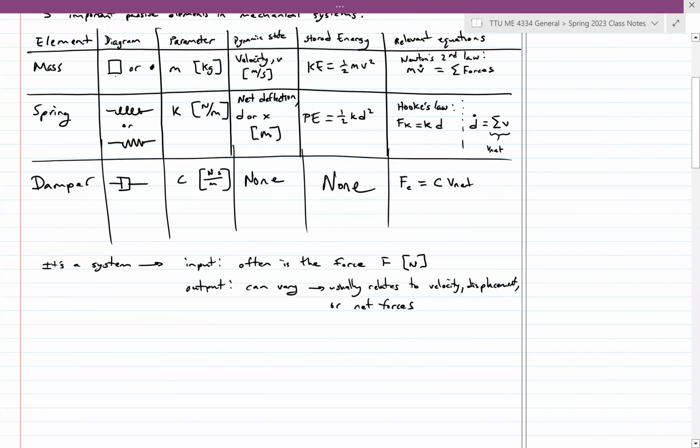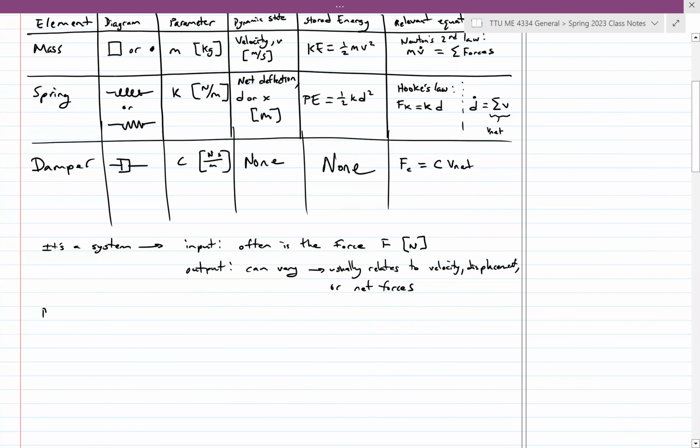All right, so the recommended procedure that I have for you guys for getting a transfer function for mass spring damper systems, and honestly, this is not the only procedure here.